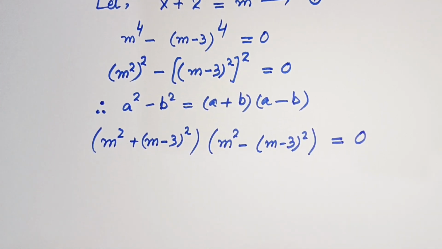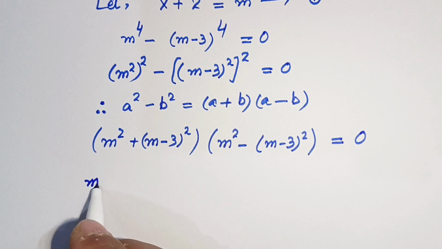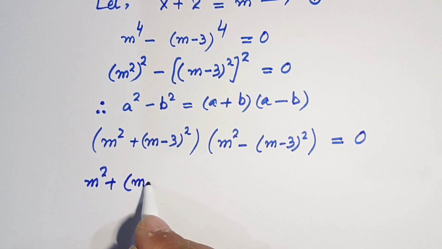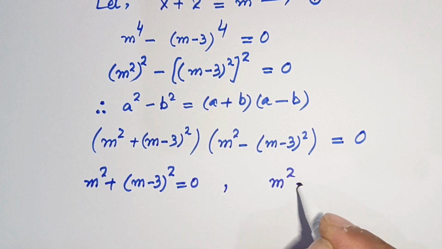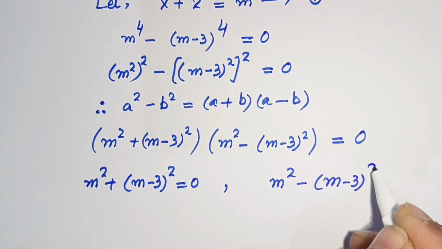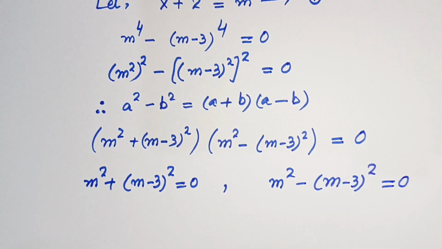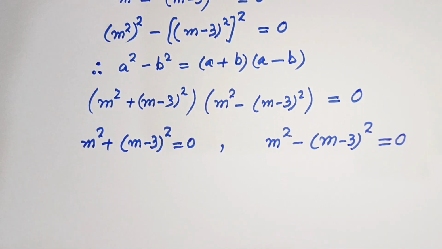Now we have two possible cases here: m^2 + (m - 3)^2 = 0, and m^2 - (m - 3)^2 = 0. Now we are going to solve case 1.